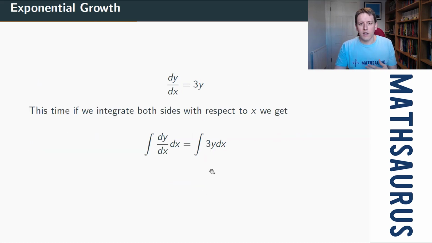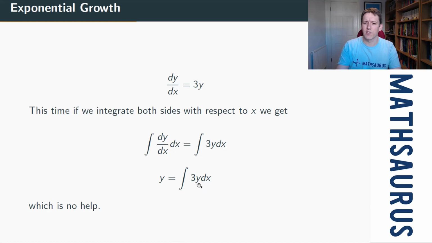So let's look at this particular example, dy by dx equals 3 times y. If we integrate both sides this time, we get again the integral of dy by dx equals the integral of 3y dx, or y equals the integral of 3y dx. Now, this isn't helpful. All this has done is rephrased the differential equation as an integral equation.